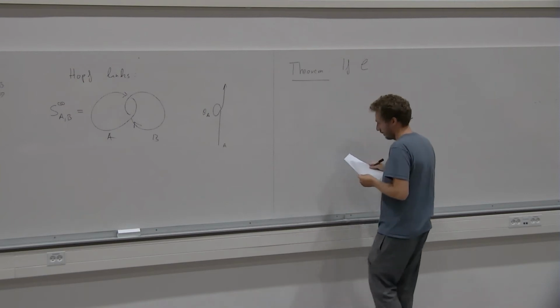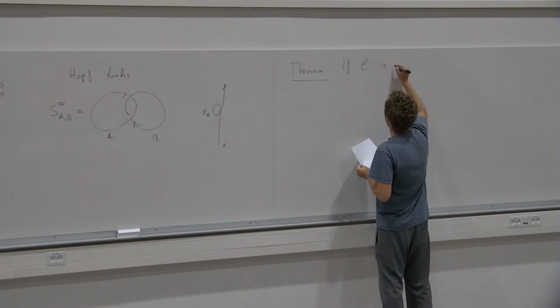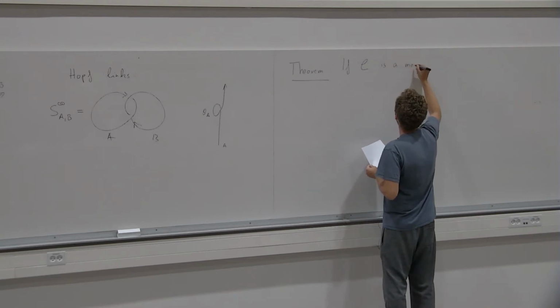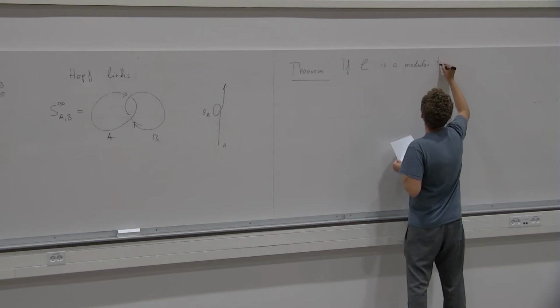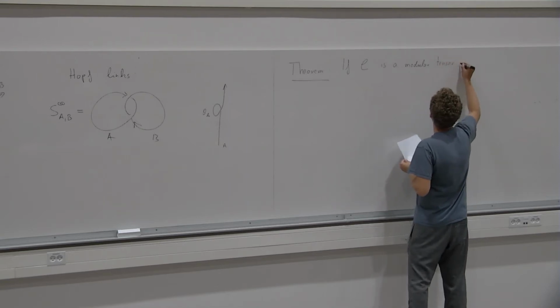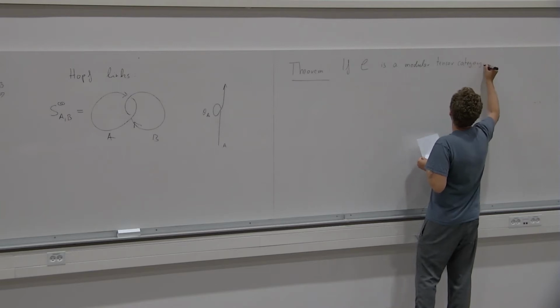So if the category is nice, so if C is what is called a modular tensor category, what is that?